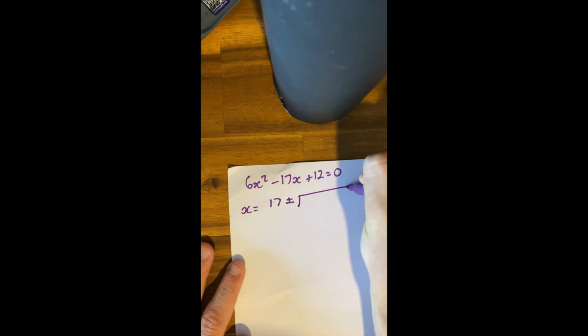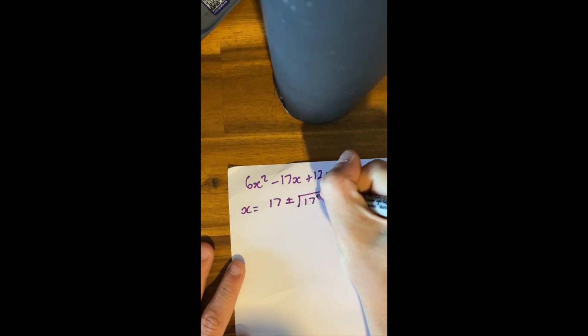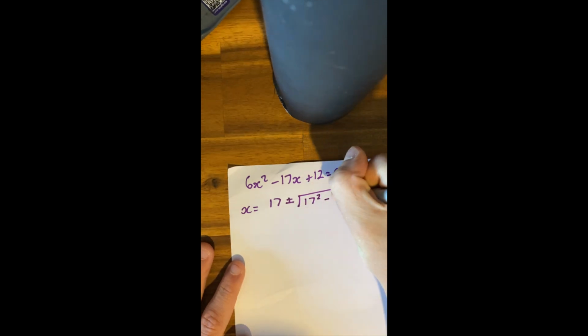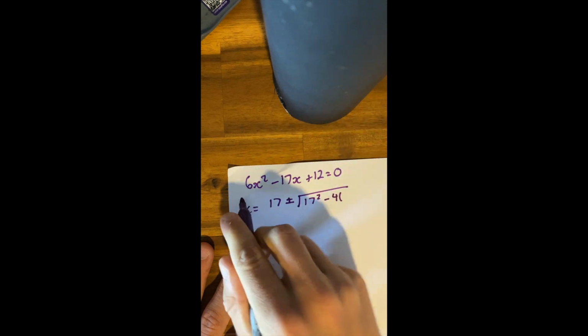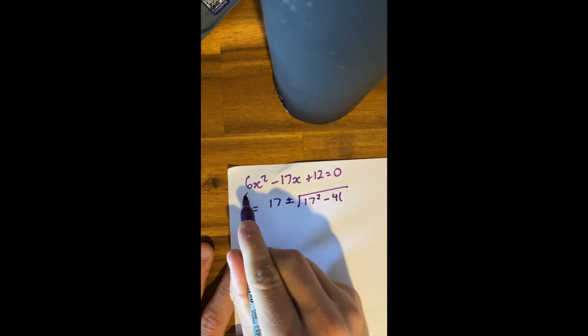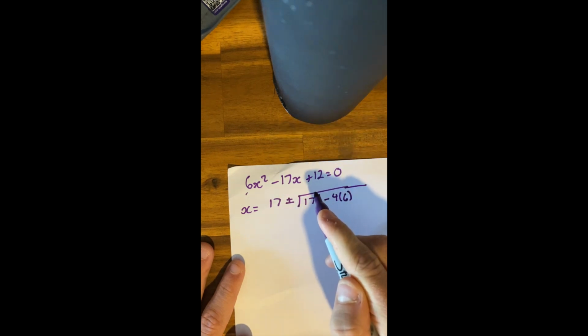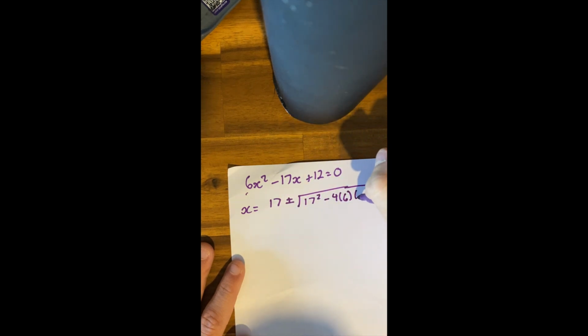Plus or minus the square root of b squared, which is simply 17 squared, minus 4 times a, which is the coefficient of x squared, which is 6, and c, which is the constant, which is 12.